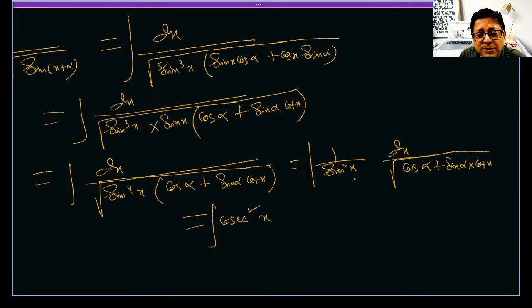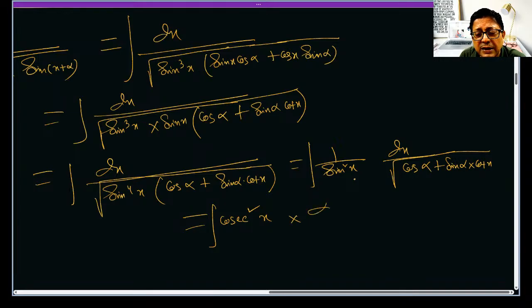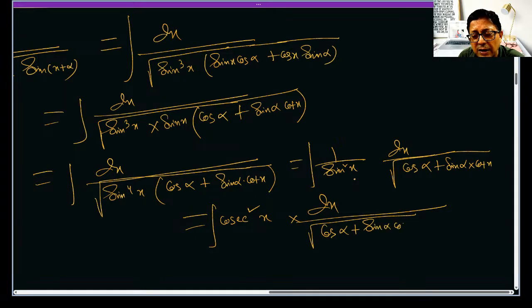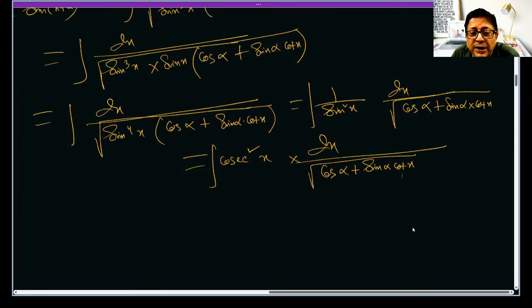So there will be cosec square x into dx by, as only the derivative of cot x will be involved if you assume something. So the only substitution, cos alpha plus sin alpha cot x equal to z square, helps.